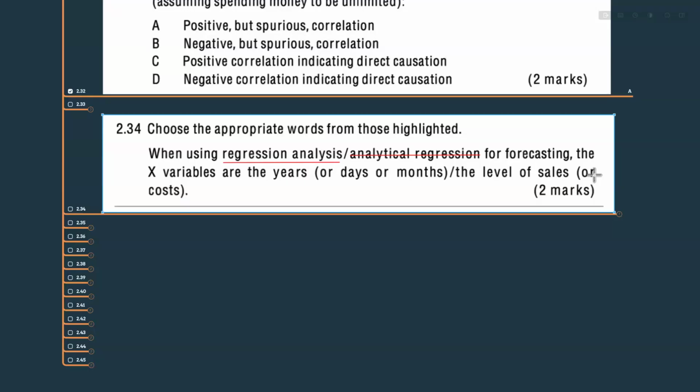So the time, the years, the months, the days are usually known, and we use them to predict the sales data, cost data. So the level of sales or cost is going to be the predictable area, that is the dependent variable, and normally the years or days or months are going to be the x variables because those are known variables, right?